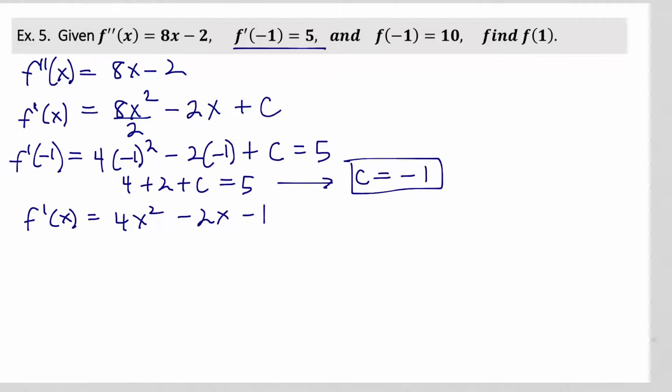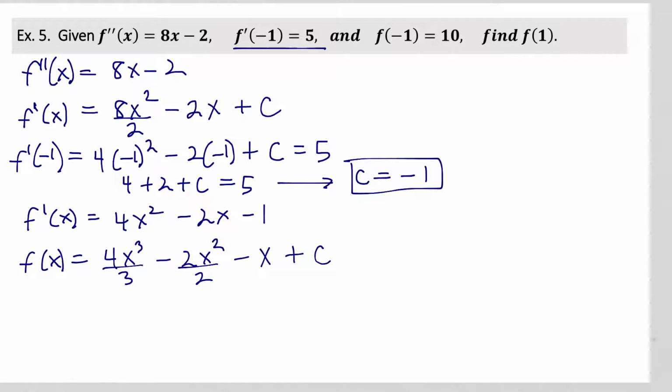Now we're going to get to f of x by taking the antiderivative of f prime of x. Using the power rule for antiderivatives: raise it up, divide by 3; raise it up, divide by 2; raise it up, divide by 1, doesn't do anything; plus c.